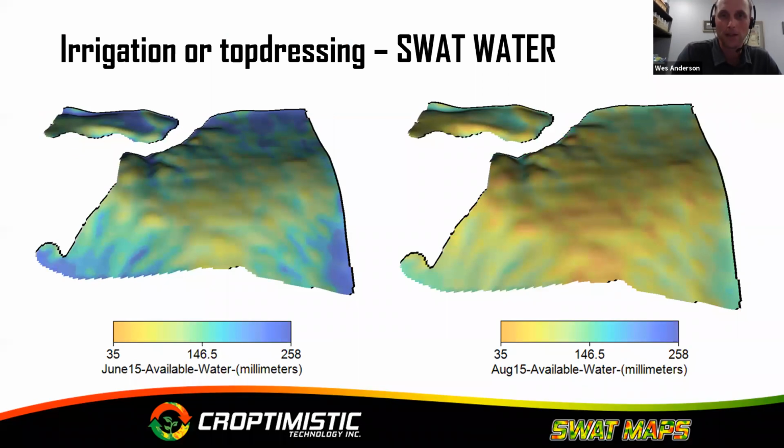Switching gears to in-crop, something else we're looking at developing, still in a pseudo R&D phase, but we're pretty well ready to go to market with this in the coming year, in a small way at least: SWAT water maps.